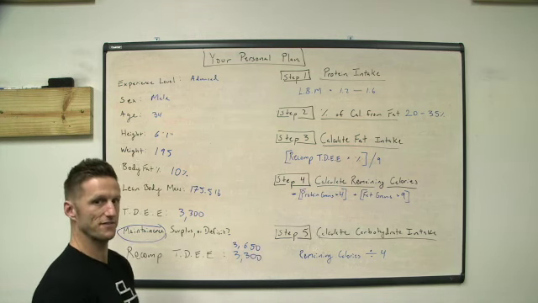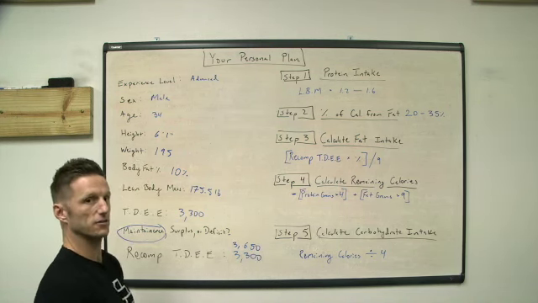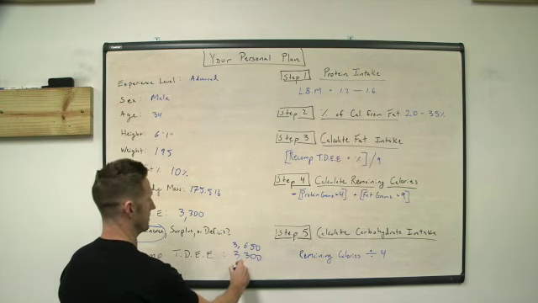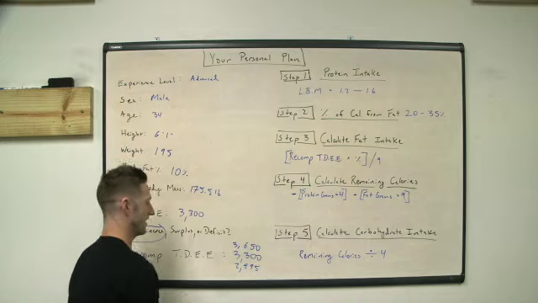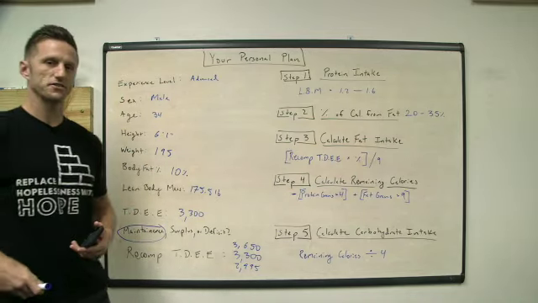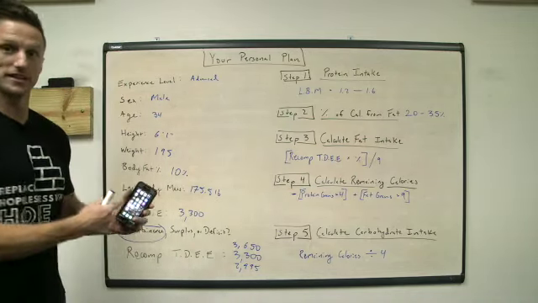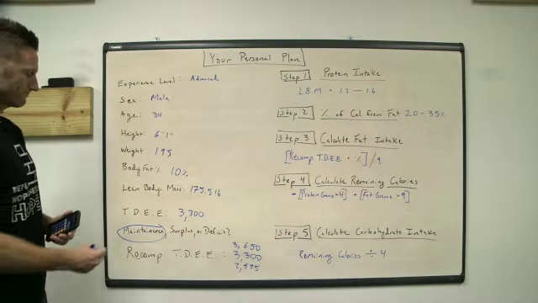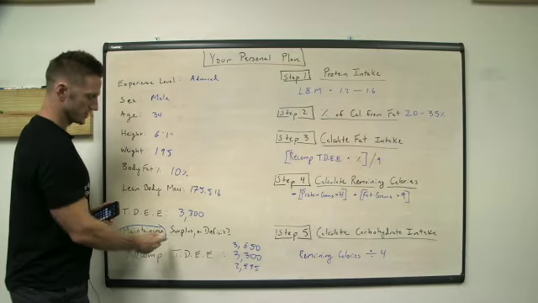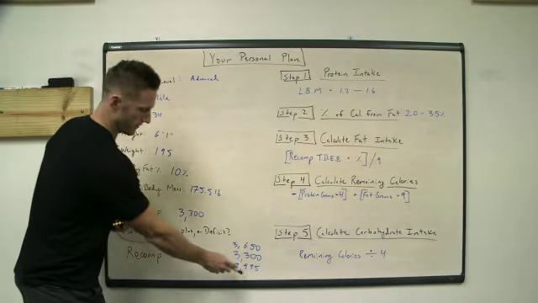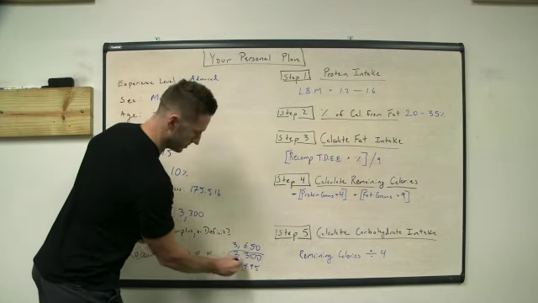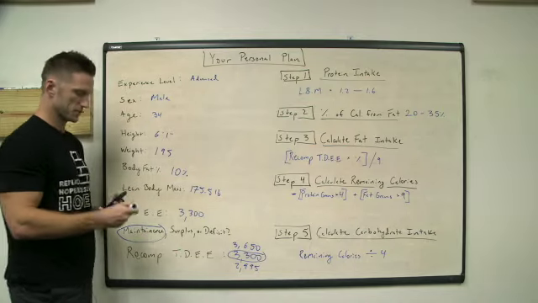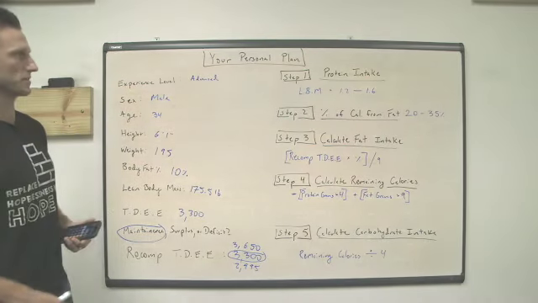If I'm gonna be on a deficit, I'll do a 350 calorie deficit. So that would put me right around 2,995 calories. If my math is correct, it might not be. That's why I need one of these. But depending on what your goals are, you're gonna follow this protocol. So I'm gonna stick with maintenance. So my recomp total daily energy expenditure is 3,300 calories.